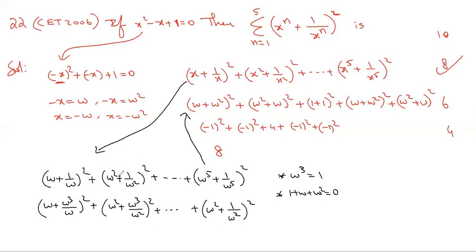So the last expression and the second expression are same. The last but one and the first expression are same, like that. So this becomes (omega plus omega square) the whole square plus (omega square plus omega) the whole square. In fact, except the middle one, the remaining 4 expressions are same. So the remaining 4 expressions, each one is minus 1 the whole square, and the middle one is 2 square, and you get that.